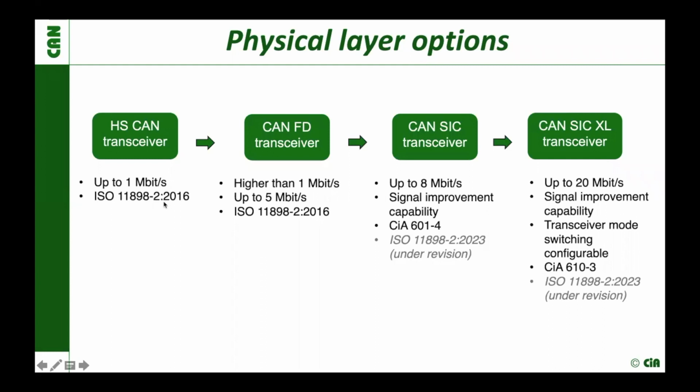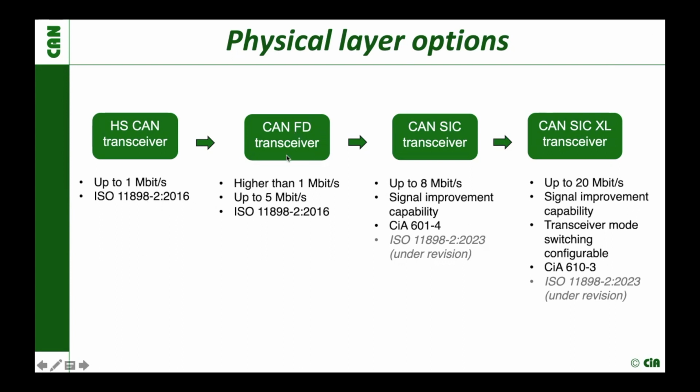The earliest, simplest transceiver is the high-speed CAN transceiver. It supports up to 1 megabit per second, and is specified in the ISO 11898-2 document, 2016.